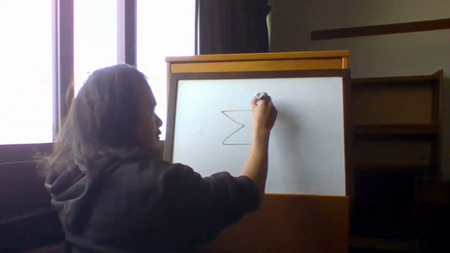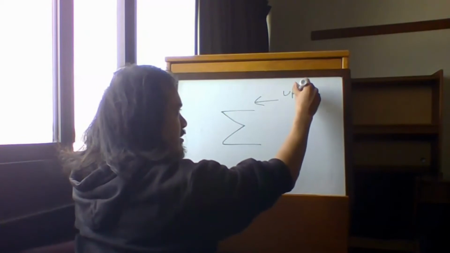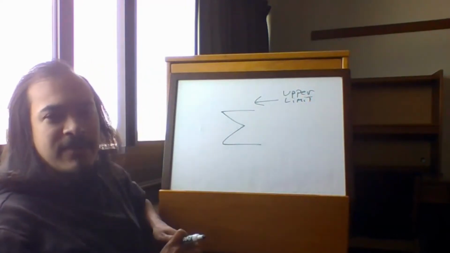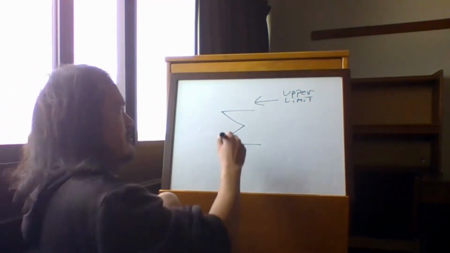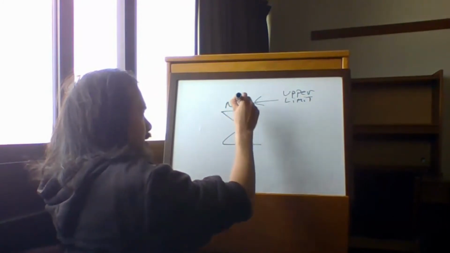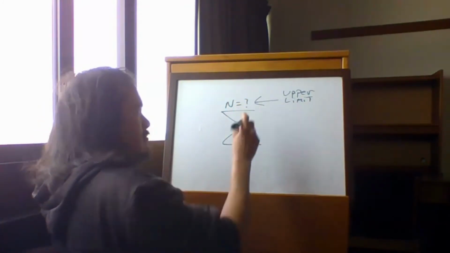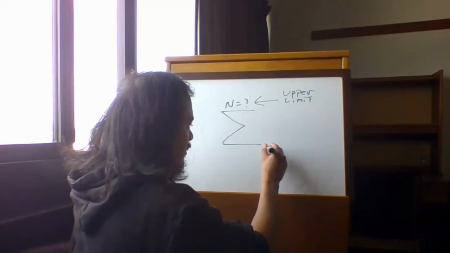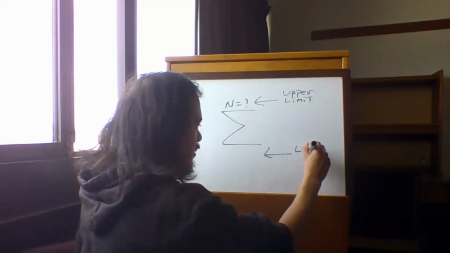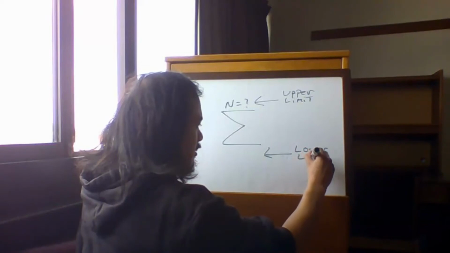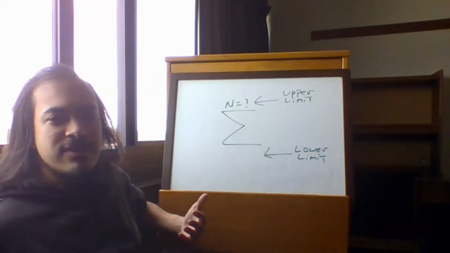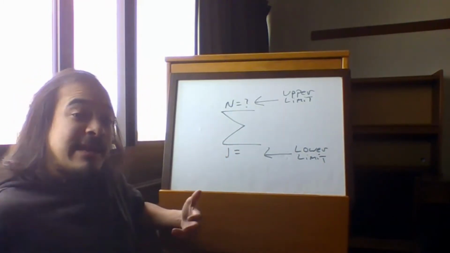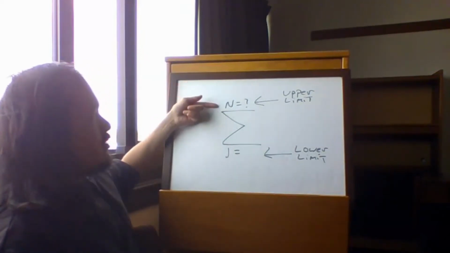Up here is the upper limit. The upper limit is generally denoted with an n, where n equals some number, and the lower limit, generally denoted with a j here, denotes the increments on how you're going to get here.